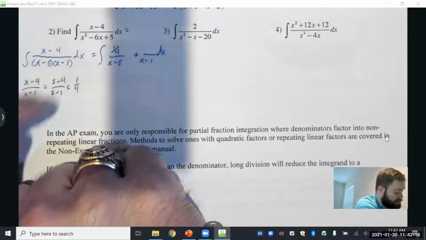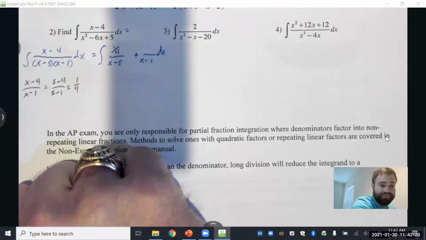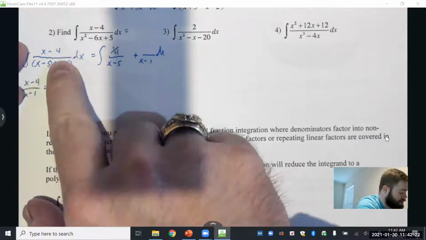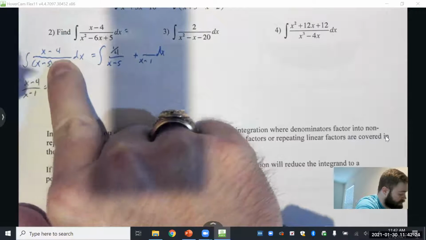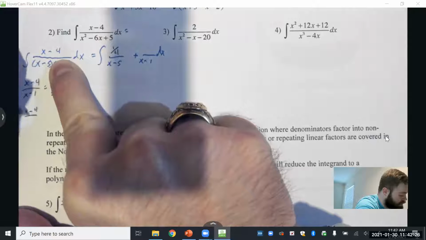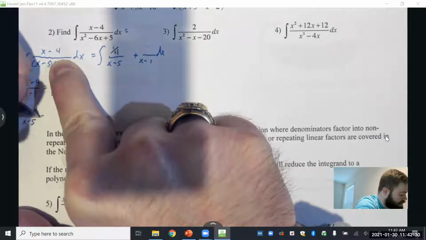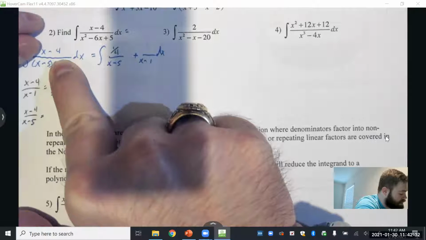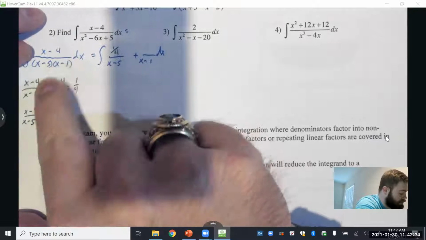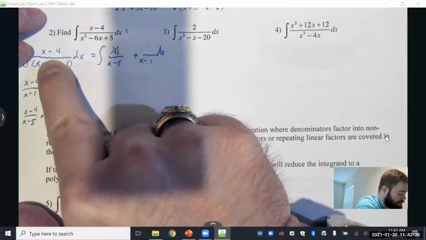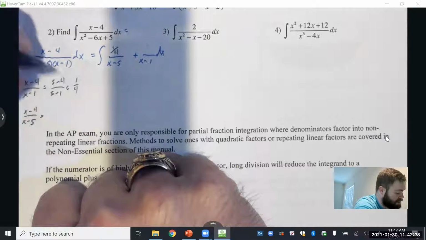And then doing the same thing with the x minus 1 factor, if we covered up the x minus 1, we would be left with x minus 4 over x minus 5. And then we let x equal, what would make that term 0? What would make that term 0 is 1.